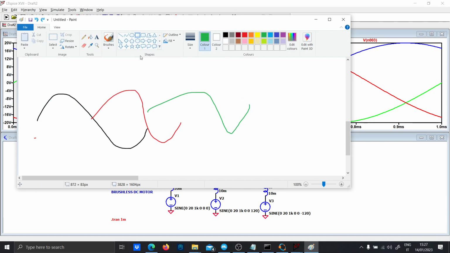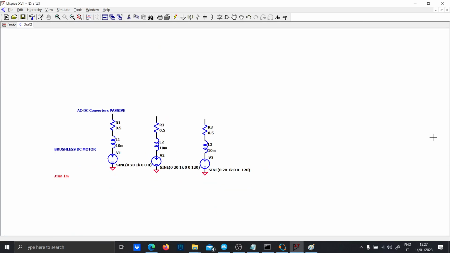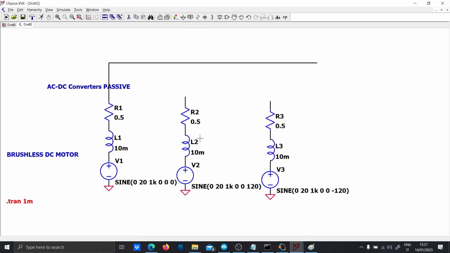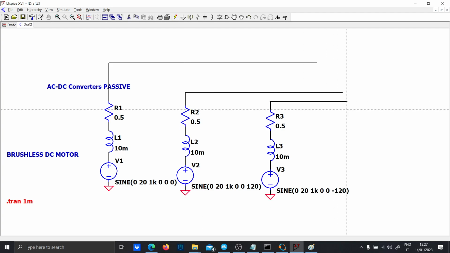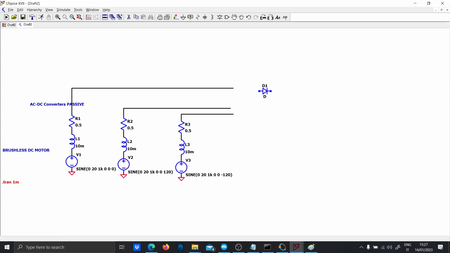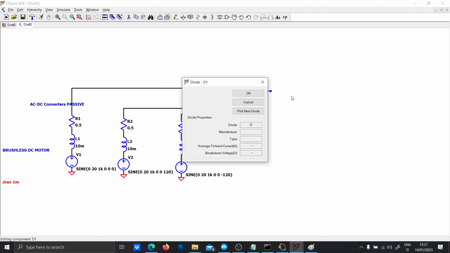So what your full bridge is going to do is to clamp something like this. So let's put the full bridge rectifier, which is in a very similar configuration to the Graetz bridge. Here we have the Schottky diode repeated 6 times.